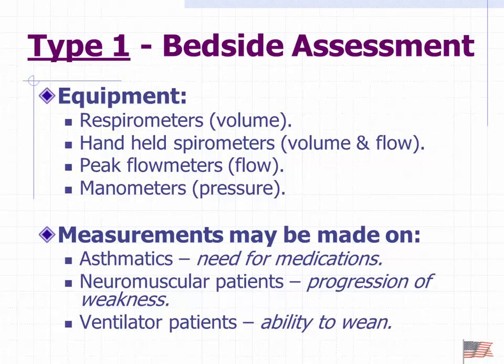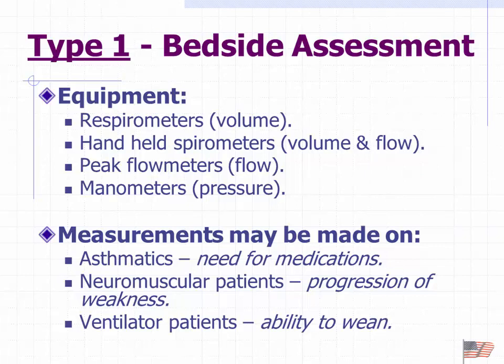And again, we talked about the different reasons we would use it. Certainly in the ER when an asthmatic comes in, we want to monitor their peak flow. Ideally, when they're walking in the door, yes, I know they're in distress, but if we get a measurement, we can at least have something to judge whether or not they're getting better post-therapy. We'll also use it in neuromuscular disease like Guillain-Barré or myasthenia gravis to see if the muscles are too weak and they need to be intubated and mechanically ventilated.